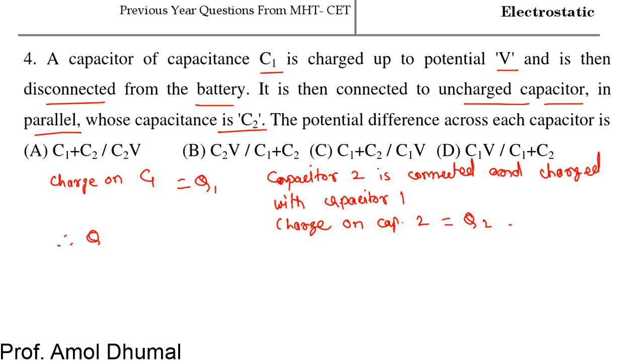So we can say that Q1 equals Q2 because the charge of capacitor 2 is taken from capacitor 1, which has already been charged with charge Q1. For capacitors in parallel, the new capacitance is C1 plus C2.